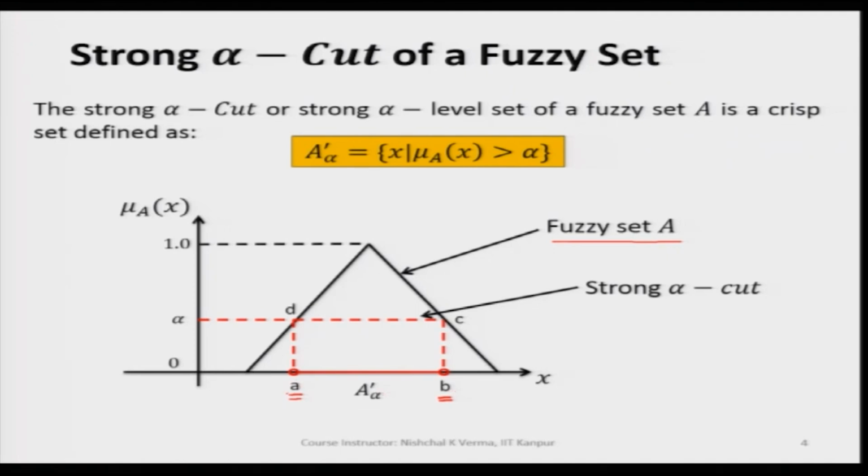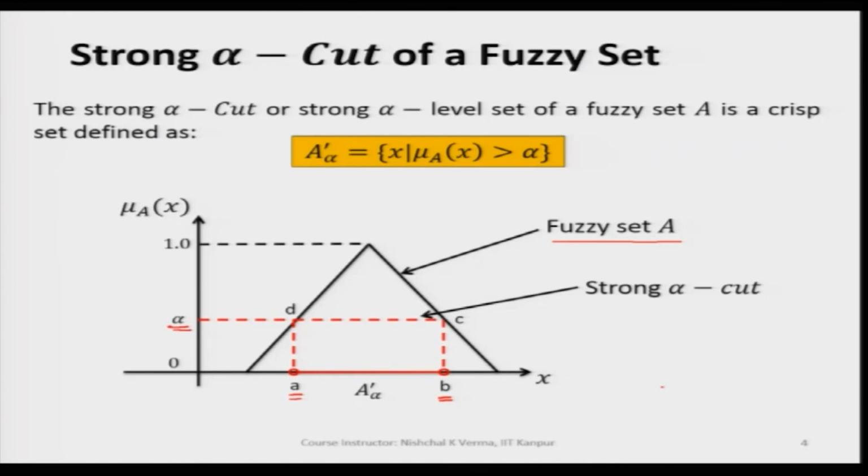It is not included because exactly at the point A, the generic variable value point A, we have the corresponding membership value alpha. So, that is why it is not included, because the equality sign is not there.